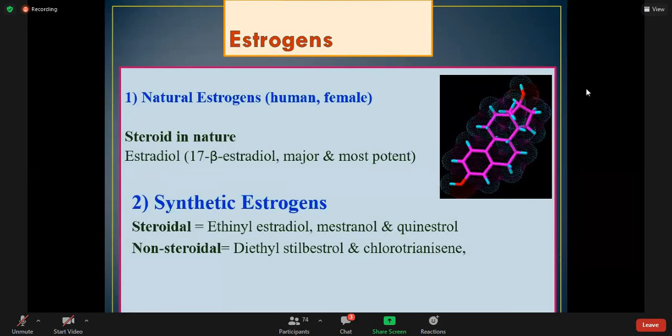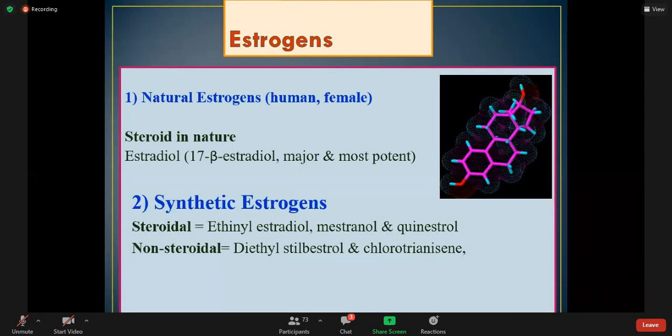At nucleus level. First, these steroids cross the cellular layer, enter the cytoplasm, where they bind with the receptor, so it forms a steroid receptor complex. This steroid receptor complex is going to translocate to the nucleus, right? There the gene transcription process takes place.